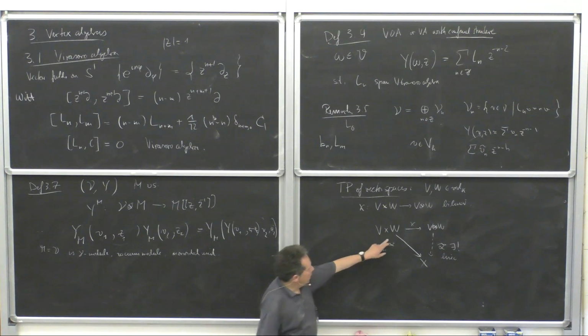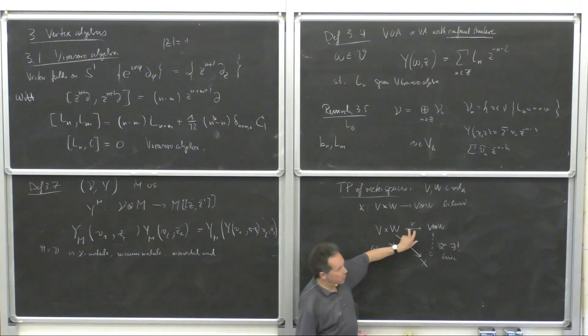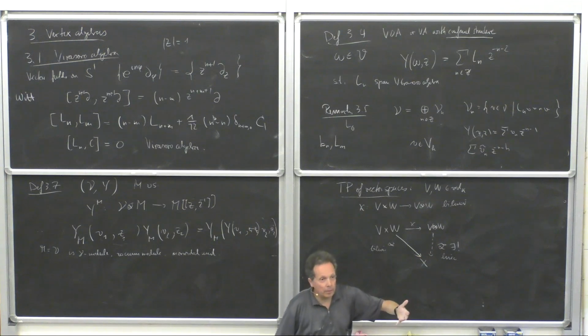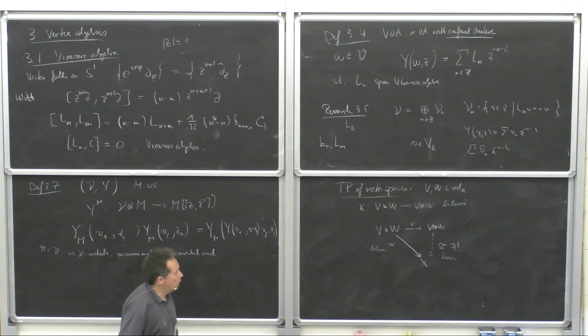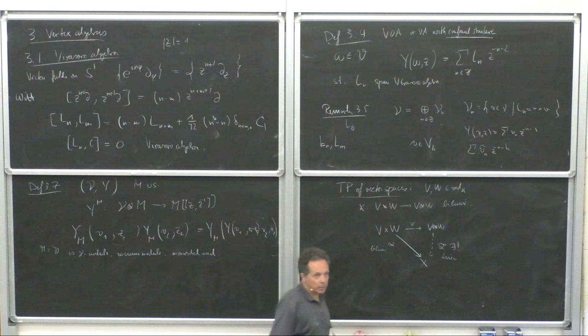Well, you see this is bilinear; if I have first a bilinear map and then a linear map, it's still bilinear. This is the universal property which characterizes the tensor product of vector spaces.